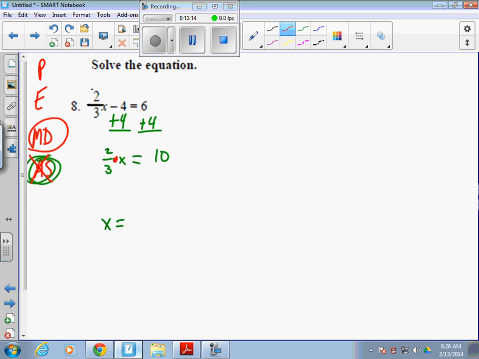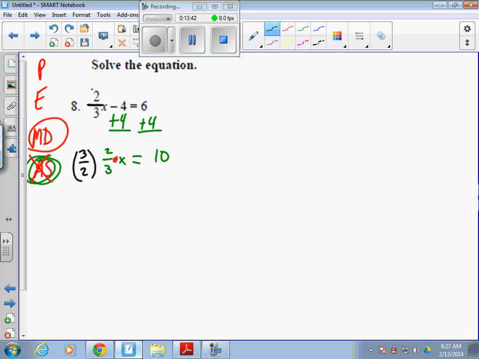2/3 times x. In order to undo times something, you normally would divide by something, which is what we're going to do. But instead of writing it as divide by 2/3 and then writing the right-hand side as divide by 2/3 and then changing that to multiply by 3/2, because in order to divide by a fraction, you multiply its reciprocal, you can speed it up and just multiply by the reciprocal at the beginning. 2/3 times 3/2 will cancel it out.